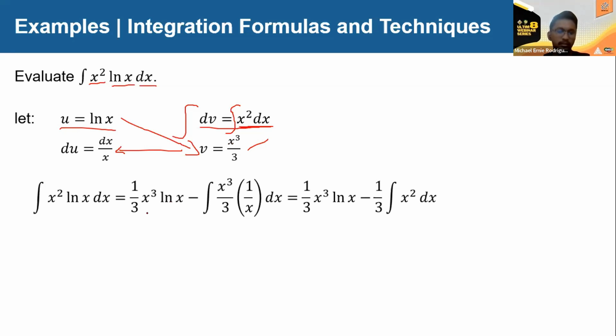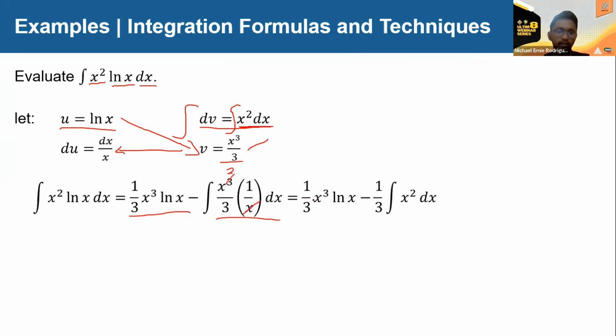Okay? Minus the integral of v, which is x cubed over 3 times dx over x, which is also 1 over x dx. Okay? So we integrate the second term and then we can cancel x dito, no? May matitirang squared. Okay? May matitirang squared dito.